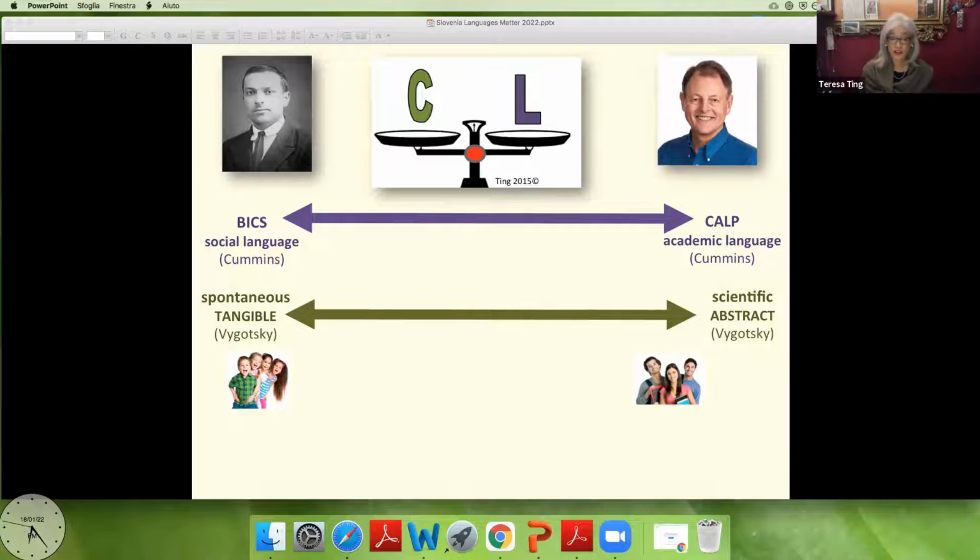So for Vygotsky, schooling was important because it moved spontaneous knowledge into what he called scientific knowledge, abstract, okay, as opposed to tangible. So when children come to school, they have a baggage of spontaneous knowledge about tangible things, okay? But school pushes us to think about abstract concepts, which he calls scientific knowledge. That's Vygotsky. So here are the two axes.